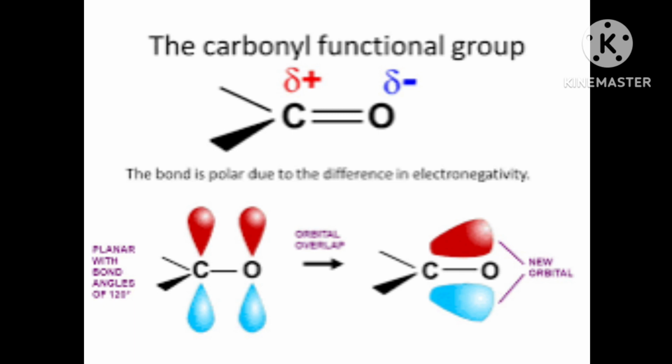Now third example I am telling you, (CH3)2CHCHO. Just like 3 carbon, propane is there, but here methyl group is attached.